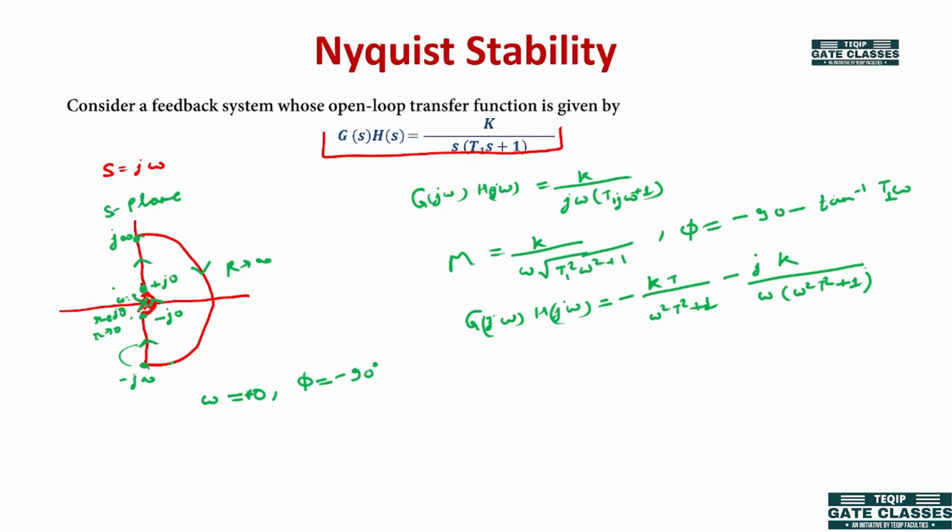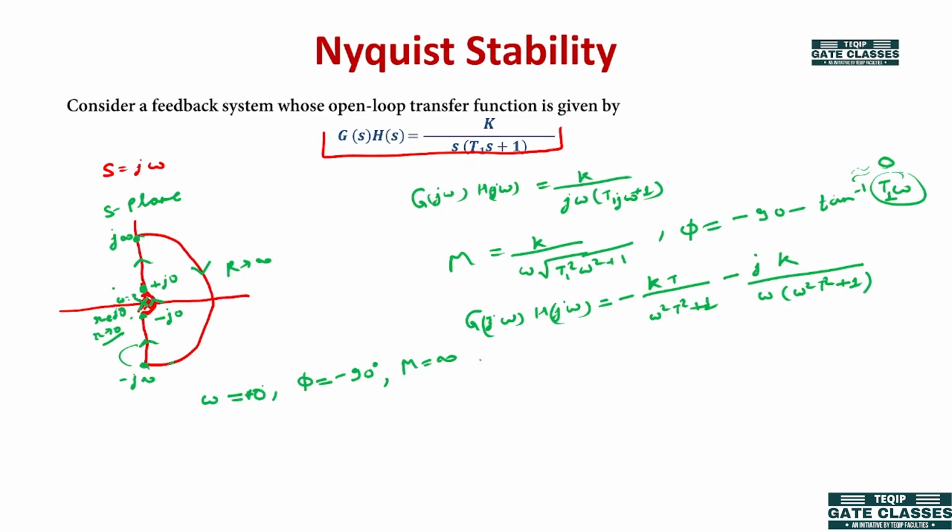This term would be very small, that means this angle is almost equal to 0. It is not exactly equal to 0, but almost, because this is just above the 0. So ω tends to 0, this is a very small value, and our phi would be minus 90 degree. Similarly, our M would be infinity.